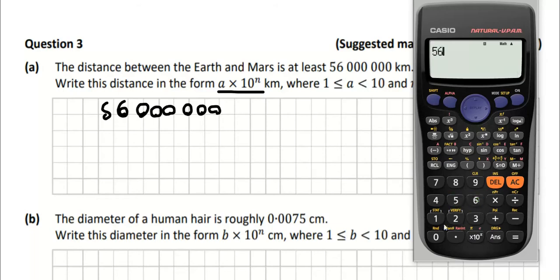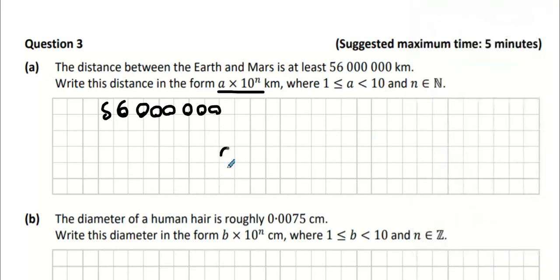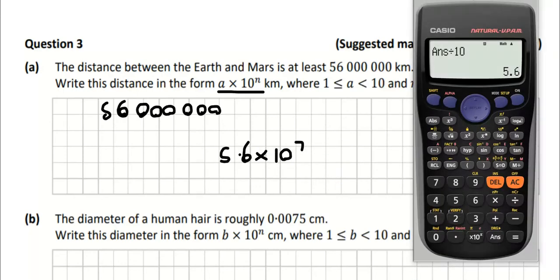Keep dividing by 10 until you get a number between 1 and 10. That's once, that's twice, 3 times, 4 times, 5 times, 6 times, 7 times. So it's the same thing as 5.6 by 10 to the power of 7.